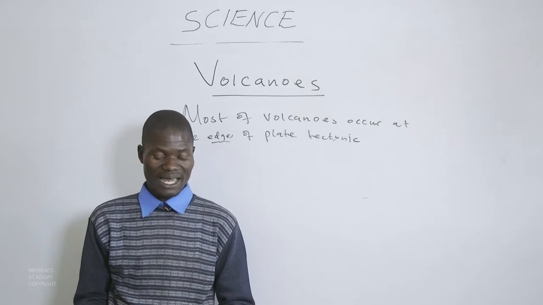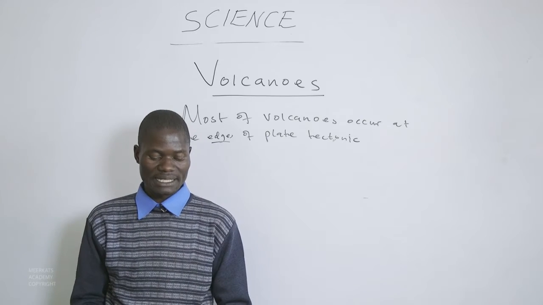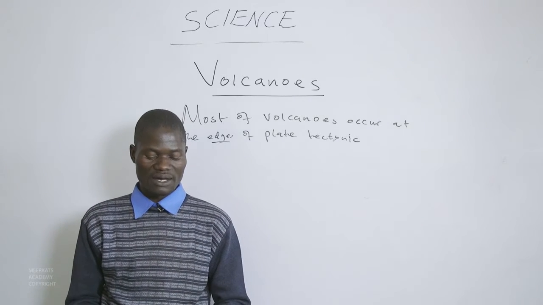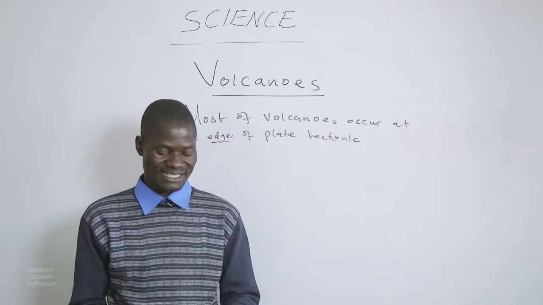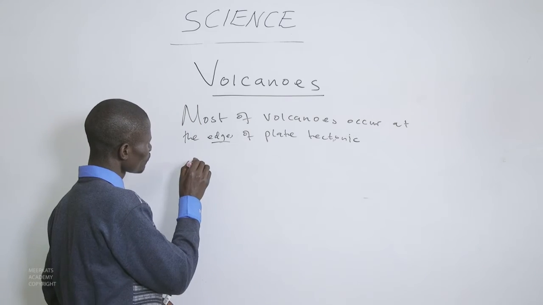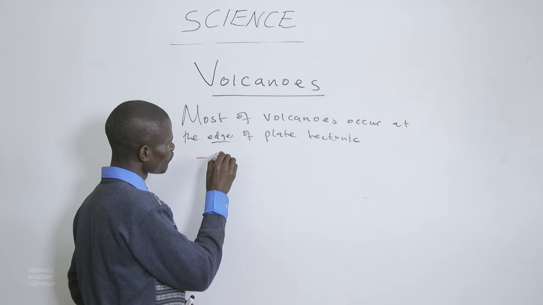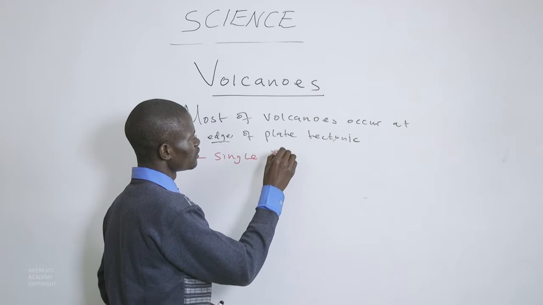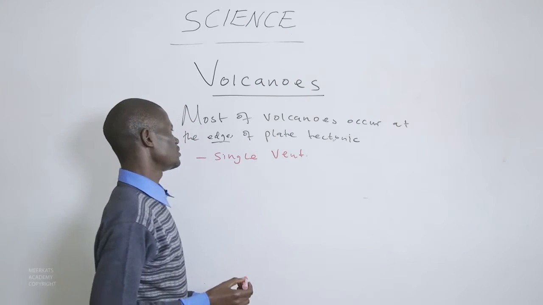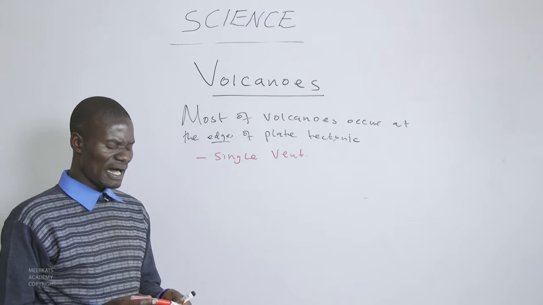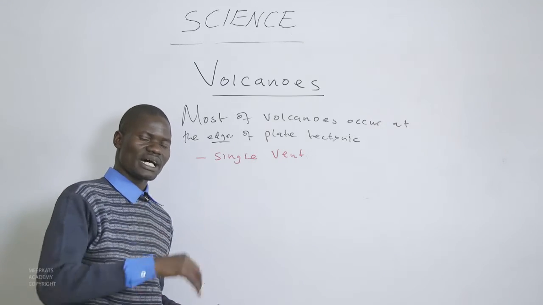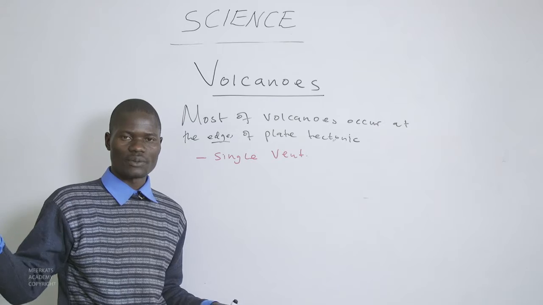For example, when an eruption comes from a single vent, the magma may be pushed out from a single vent onto the Earth's surface, and it will begin flowing as lava.